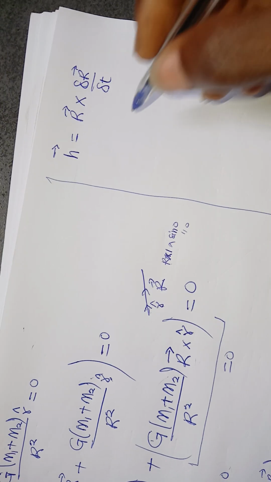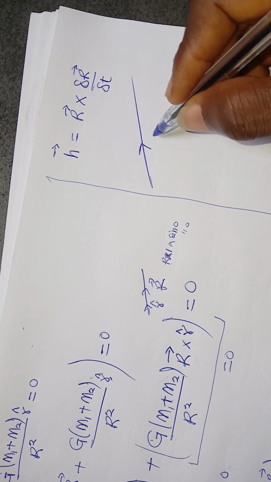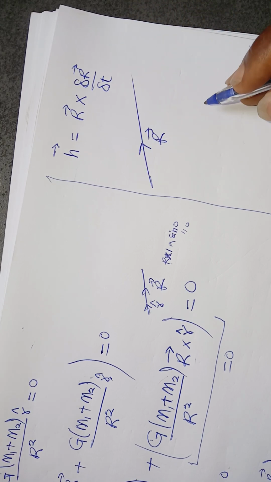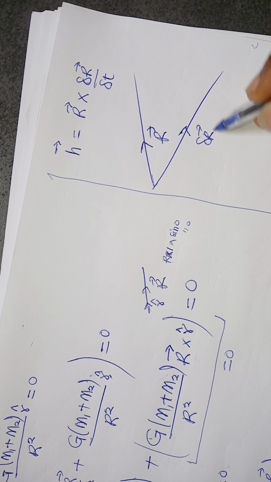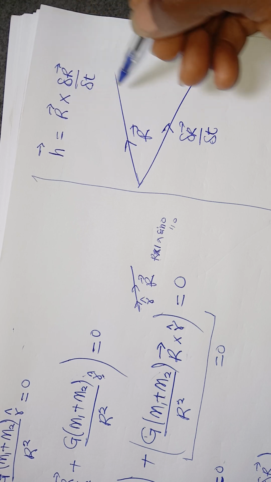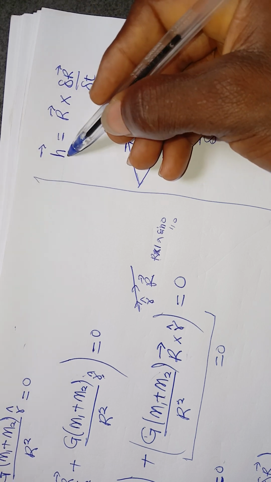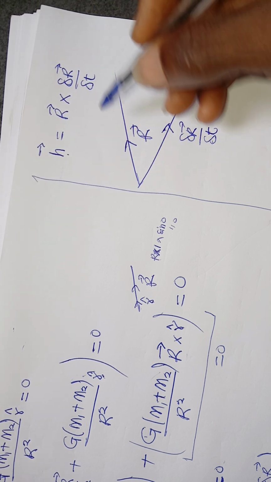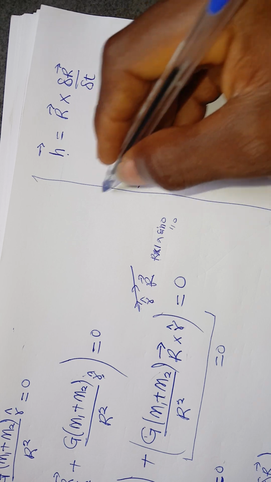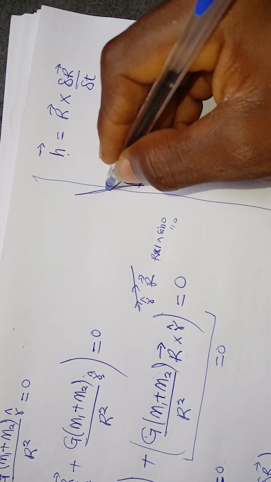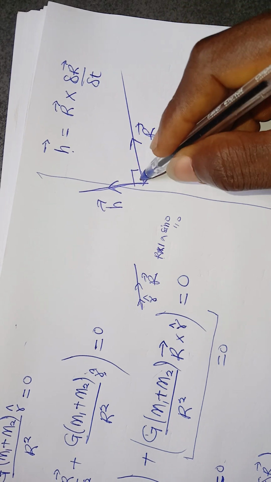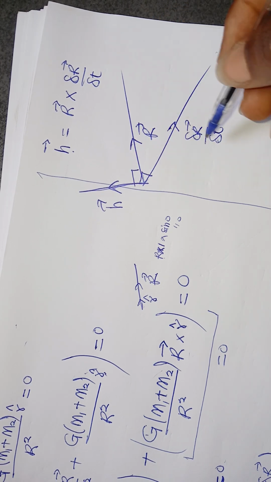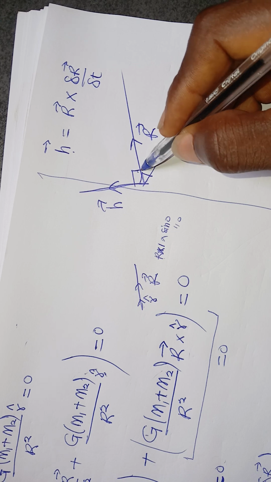So this implies that if you have the vector r and then you have the vector dr dt, if you take the cross product of the two vectors, you produce vector h. And cross product means that that vector h is perpendicular to both of them. So if this is vector h, it is perpendicular to r, at the same time perpendicular to dr dt. That is what we mean by cross product.